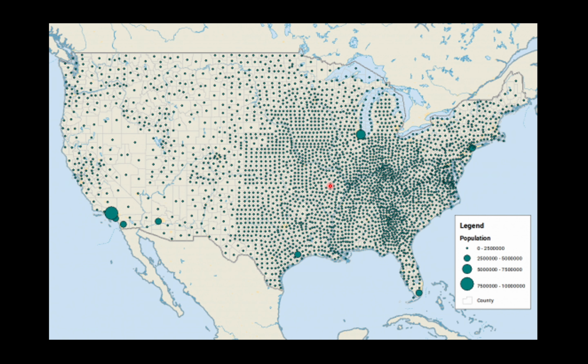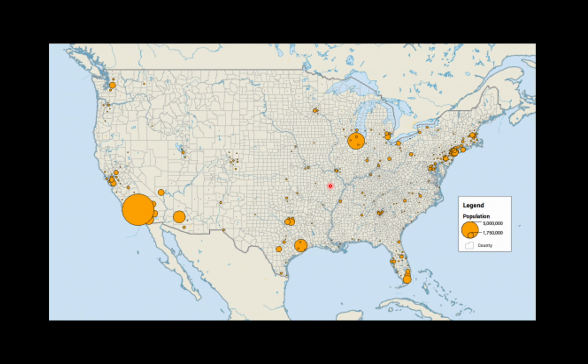So if we look at these two maps in comparison to each other, we can see that one represents population in one way, right? Showing kind of the range of the data in this case, showing proportionally how much bigger LA County is than other counties, Cook County also being quite large, and then a lot of counties in the New York metro area that make up the metropolitan population there.